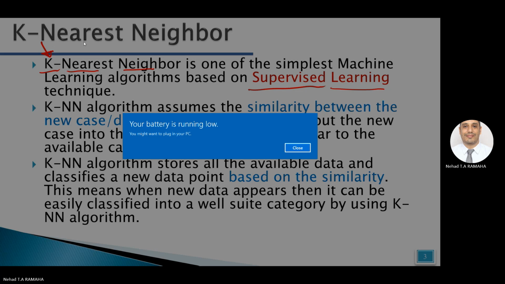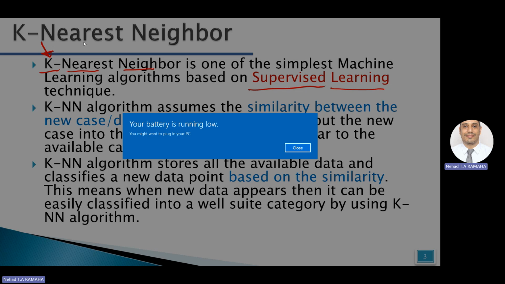We have a data set, with items I1, I2, I3, I4 and so on, and you have features F1, F2, and you have, for example, the class.